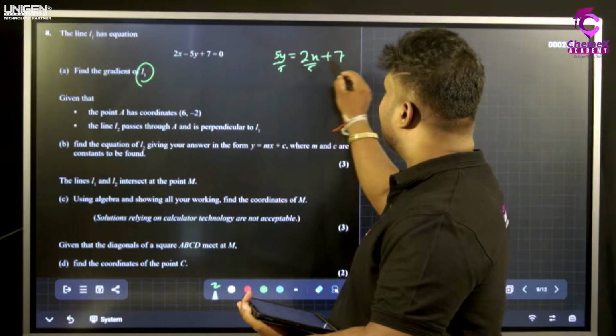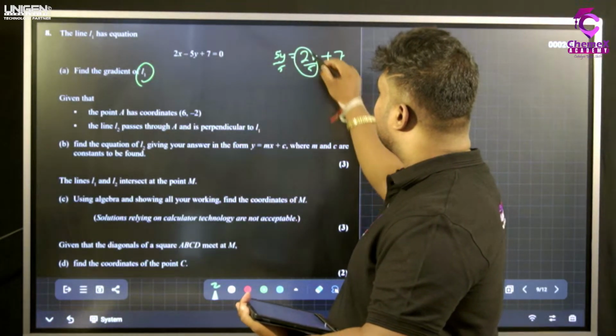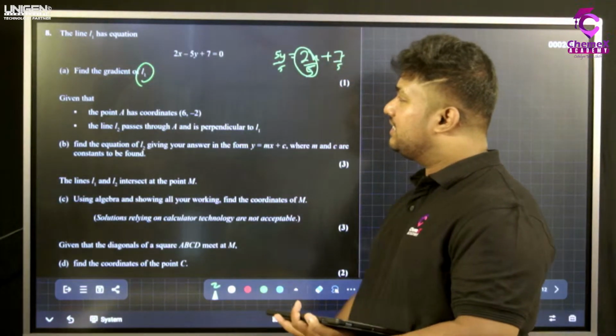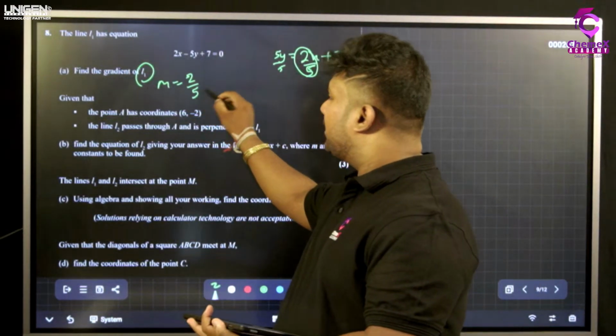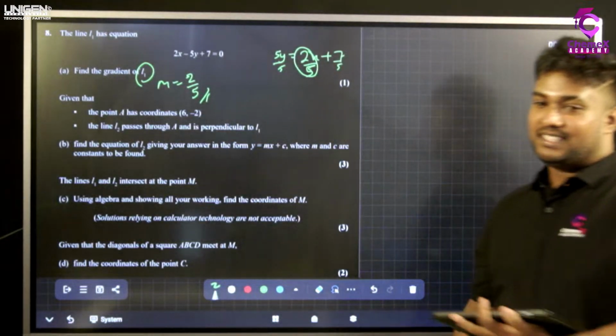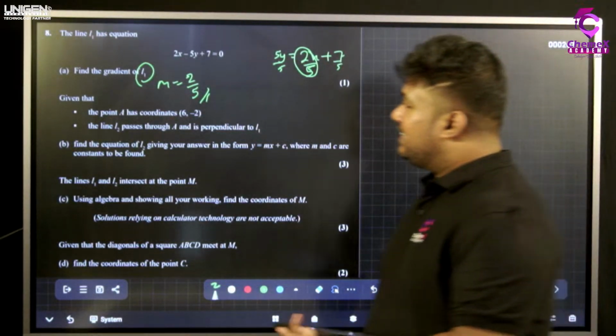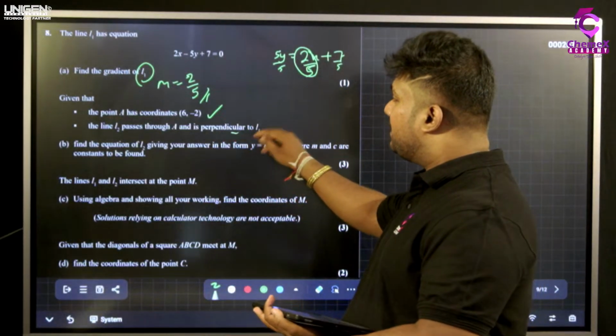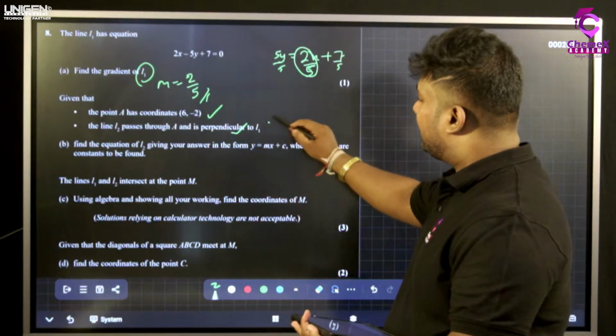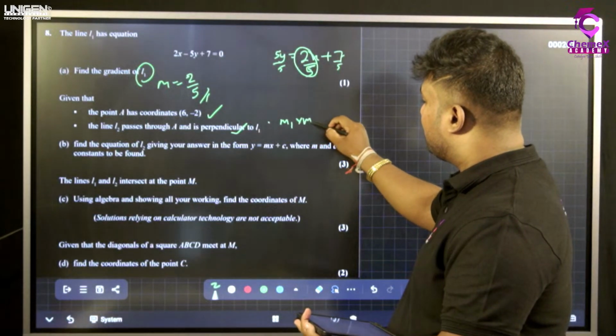What's the gradient? In y equals mx plus c, what is the gradient? It's 2 over 5. I hope everyone is okay with that. That's a grade 9 thing. Then A has coordinates (6, minus 2). L2 passes through A and is perpendicular to L1. When you see this, this equation should come into your head.